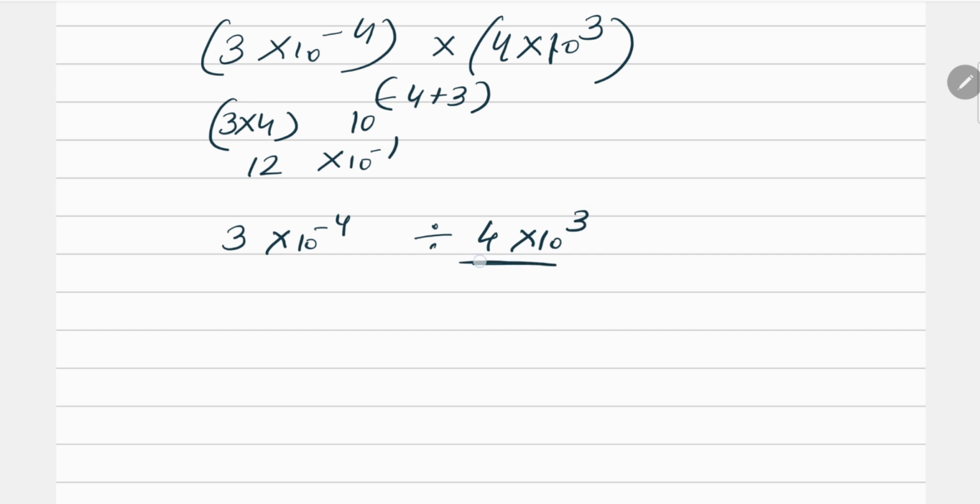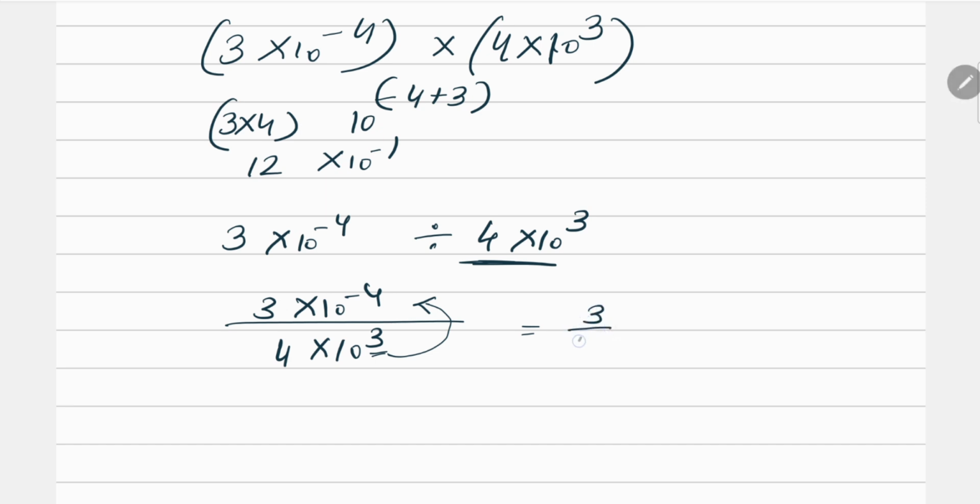This whole number is going to go to the denominator, 4 into 10 raised to power 3. So when this number is taken to the numerator side, the exponent power is converted from one sign to another. If the power is positive, then it is converted to negative. If the power is negative, then it is converted into positive.